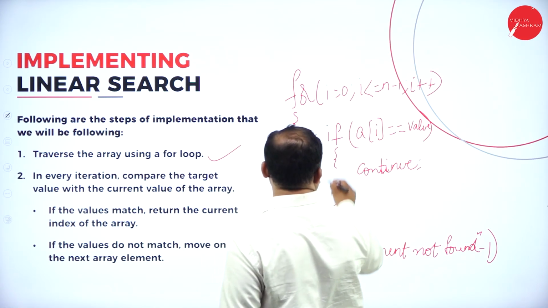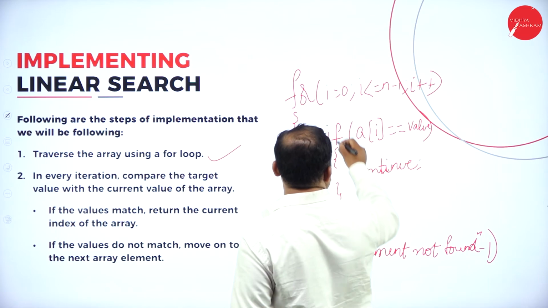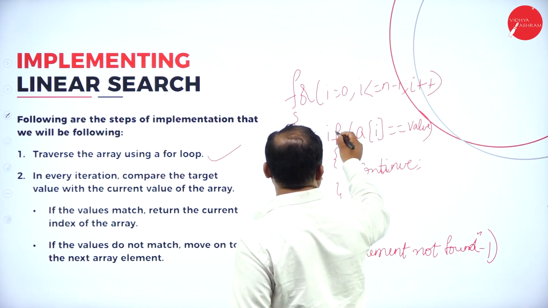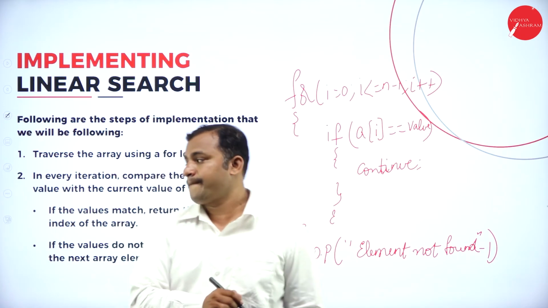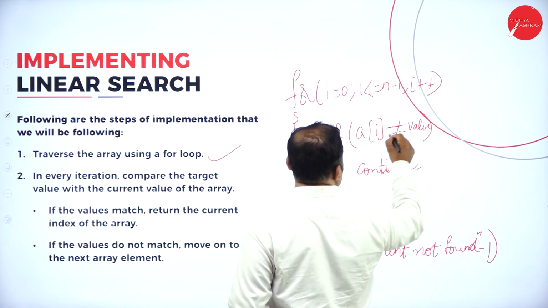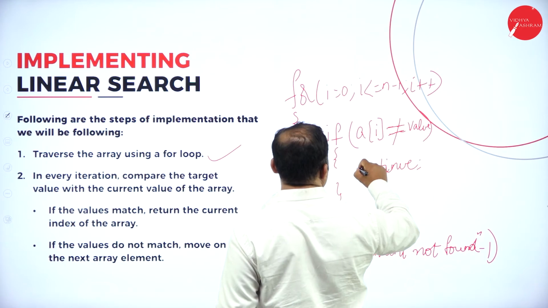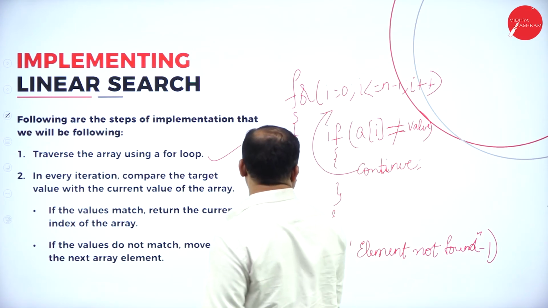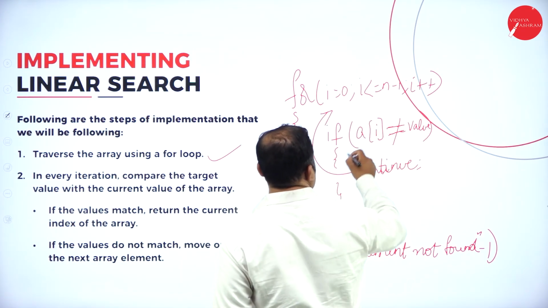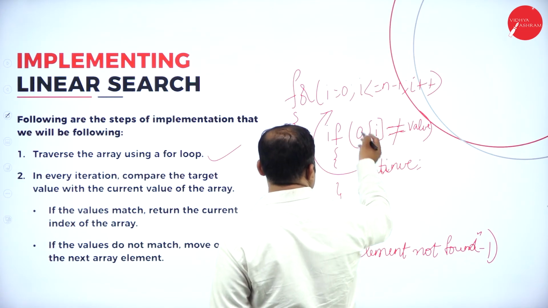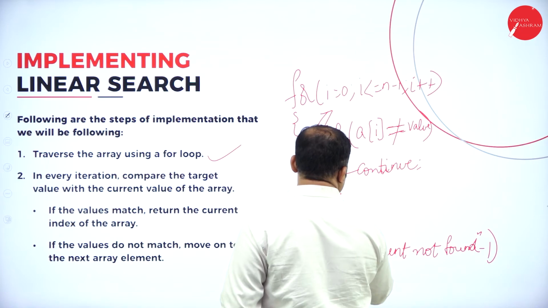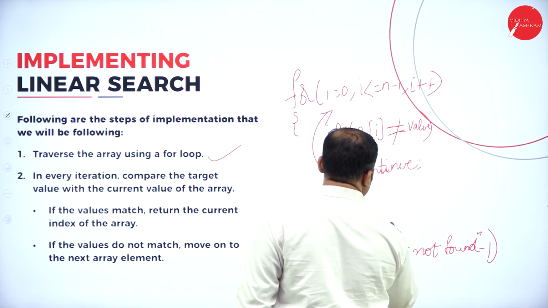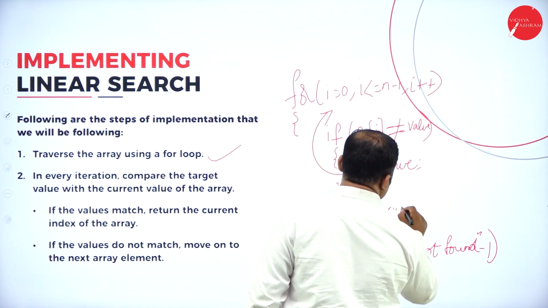Once the item is found, we say that it is present in the list. If it is not equal to this value, it keeps on continuing executing this. When the element is found, it comes to the else part. Here it displays that the element is found.